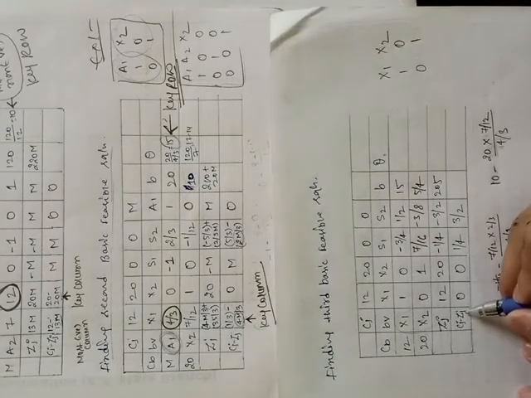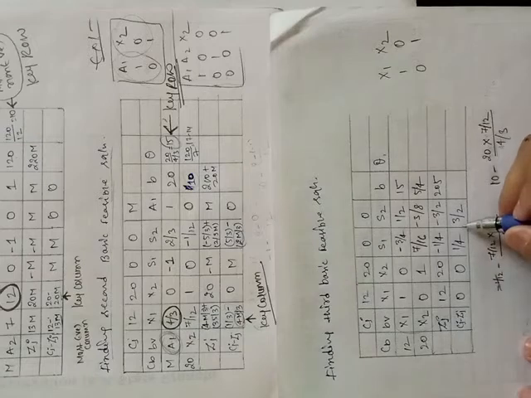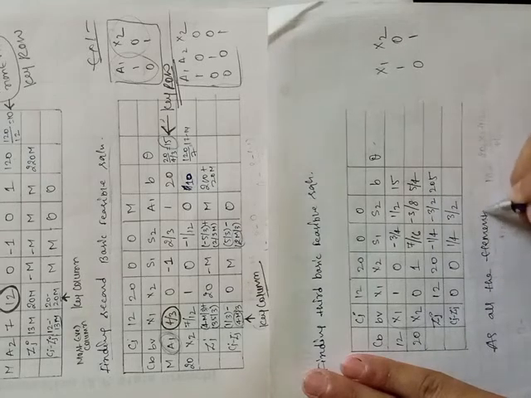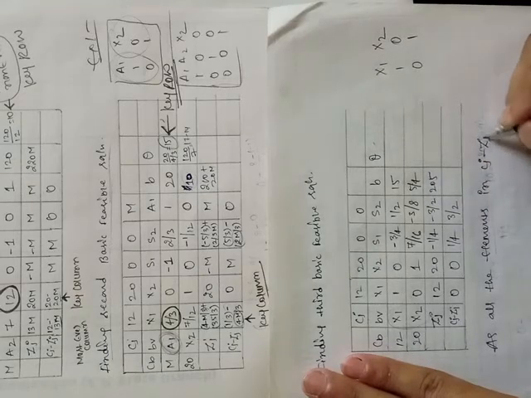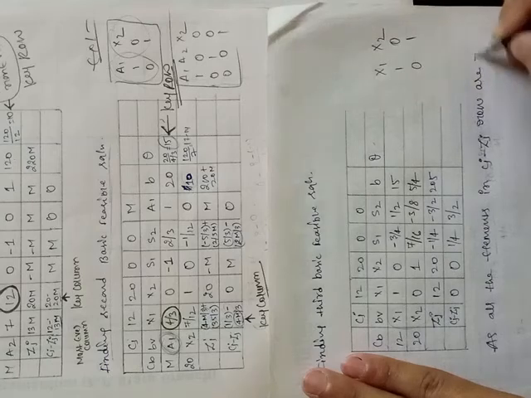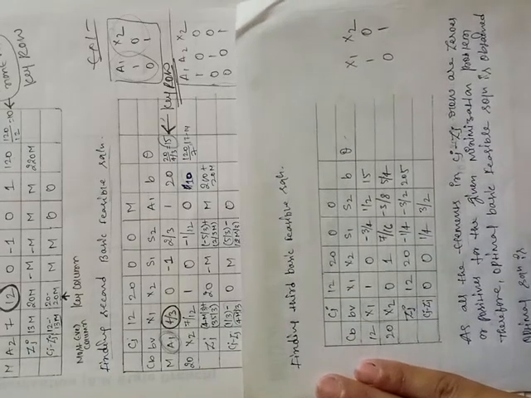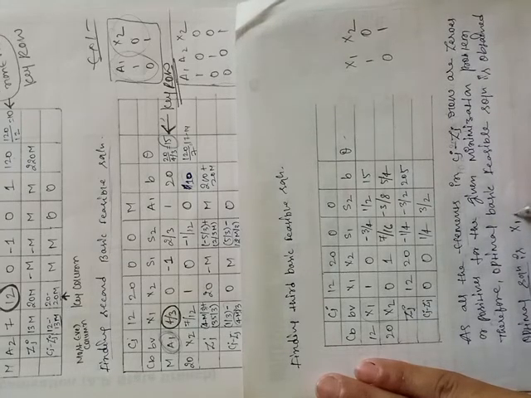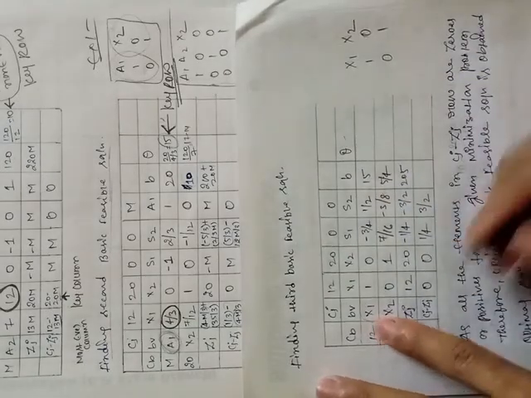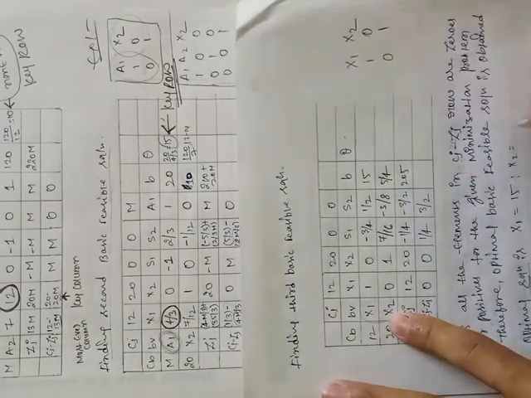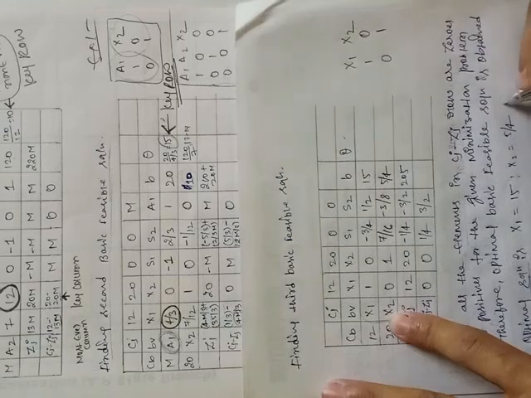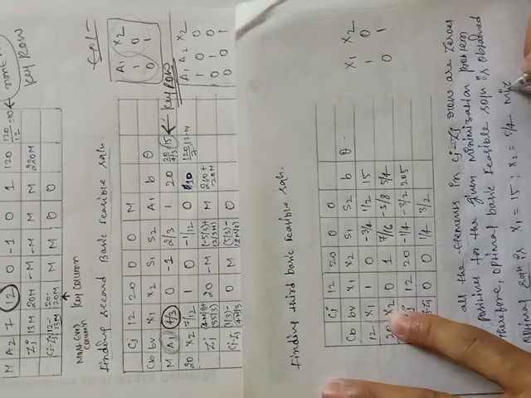So as you see here, Cj minus Zj row has 0 or positive values. So as all the elements in the Cj minus Zj row are zeros or positives, we need to write this optimal solution is x1 equal to 15, x2 equal to 5 by 4, and the minimum z equal to 205.